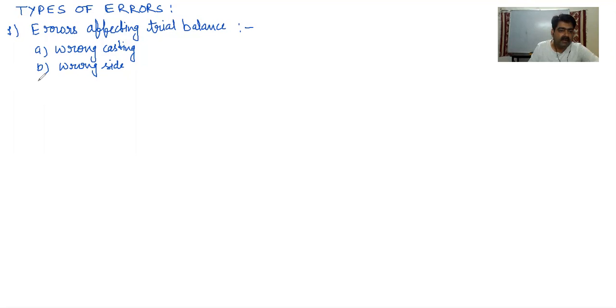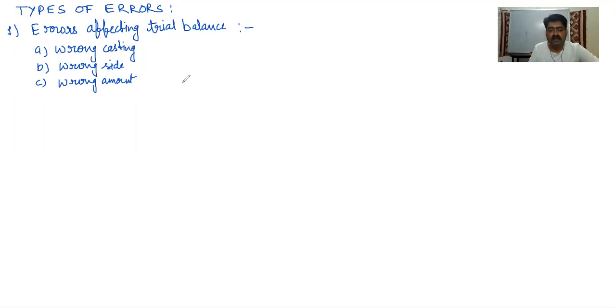Now, next problem is posting of wrong amount. Suppose we have purchased goods from X worth rupees 5000. So our journal entry will be purchase account debit to X, rupees 5000.